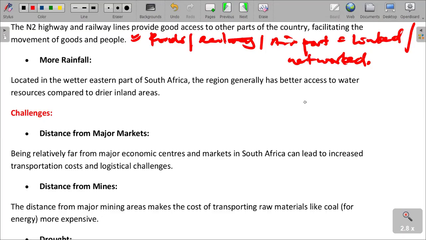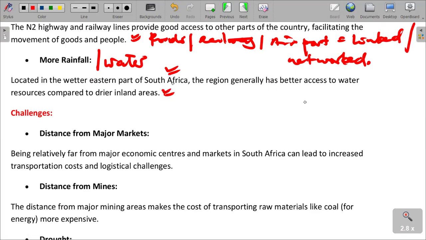We can also relate to the point to do with more rainfall, or we can talk about water availability. So located in the eastern parts of South Africa, the region generally has better access to water resources compared to drier inland areas.